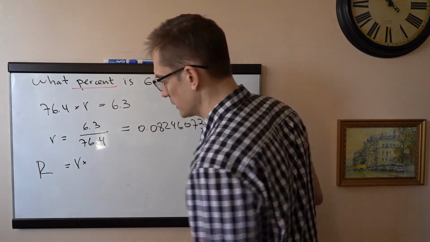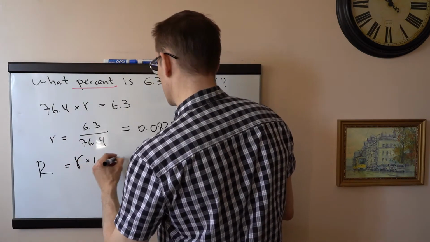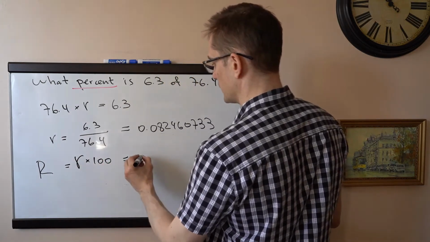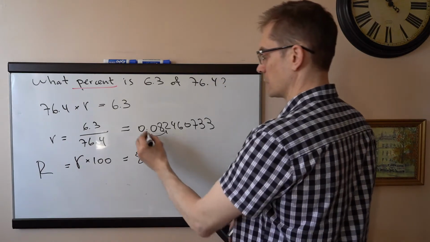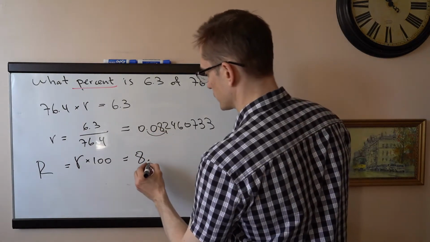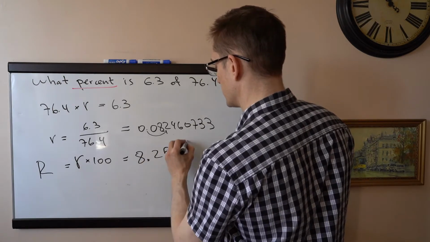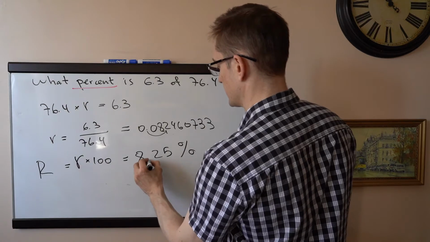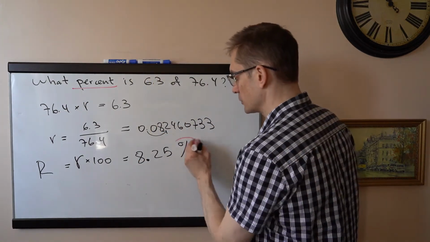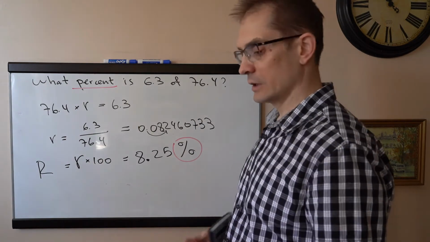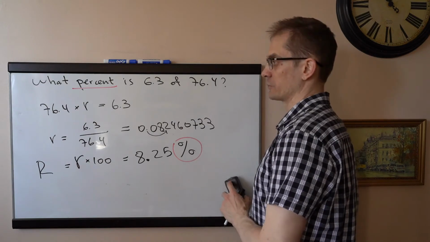So this is R, rate per one, which I'll multiply by 100, and as a result it will be 8. See, I just moved two places, so it's going to be 8.25%. And now I can use this symbol percent. I have the complete right to do this because I found a rate per 100, which is percent.